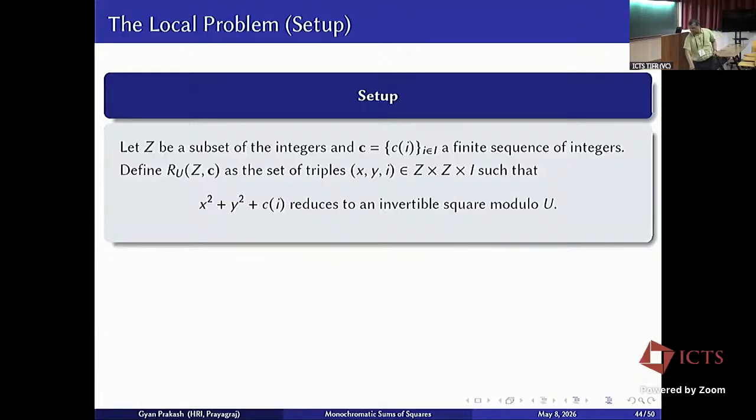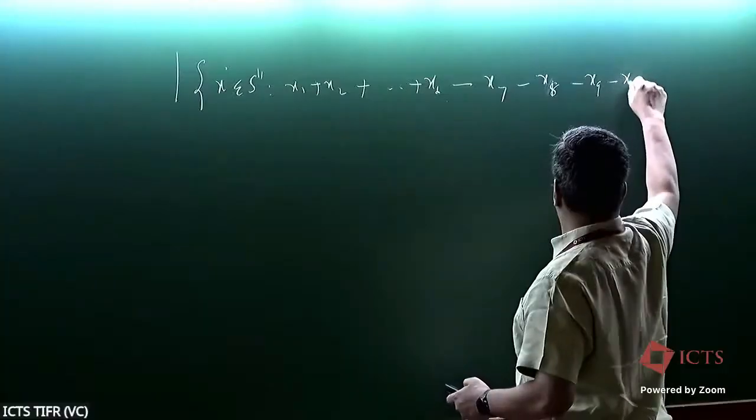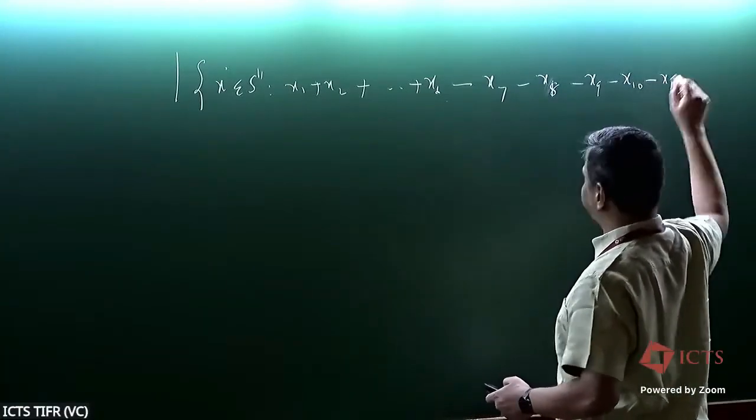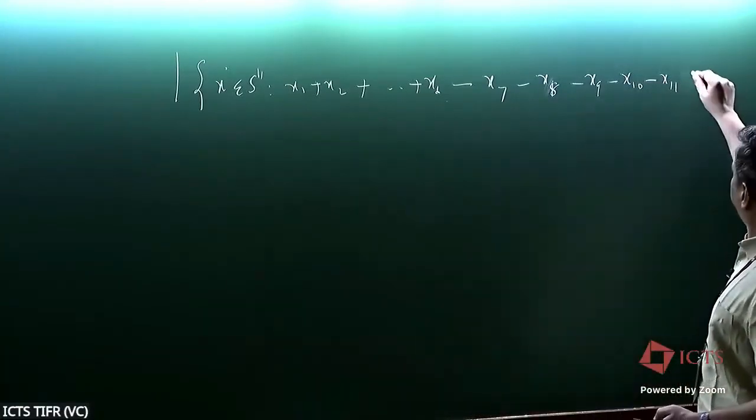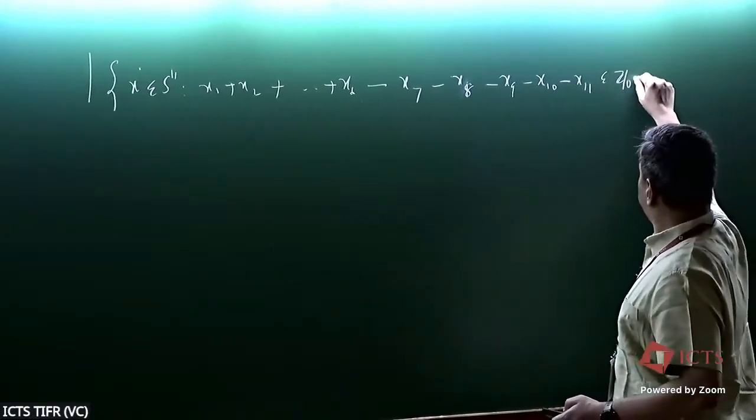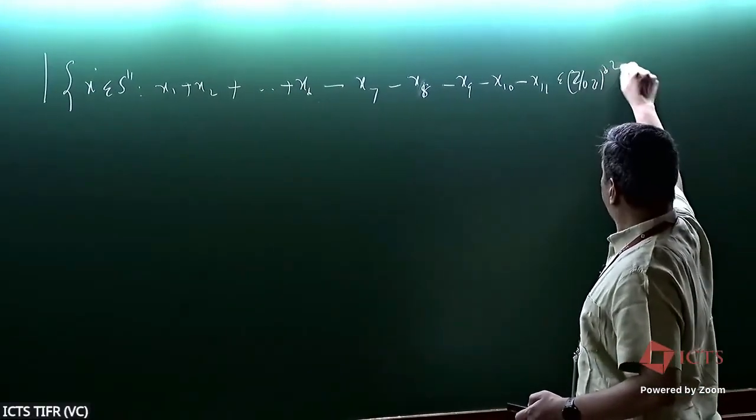Remember, what are we trying to estimate? It is this: x belongs to S11 such that x1 plus x2 plus x6 minus x7 minus x8 minus x9 minus x10 minus x11 belongs to (Z mod uZ) star square.